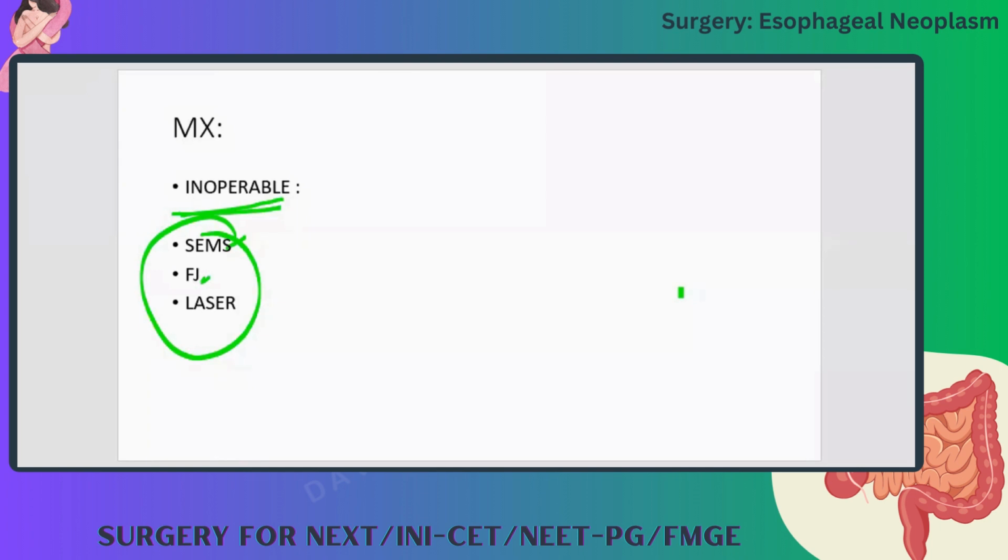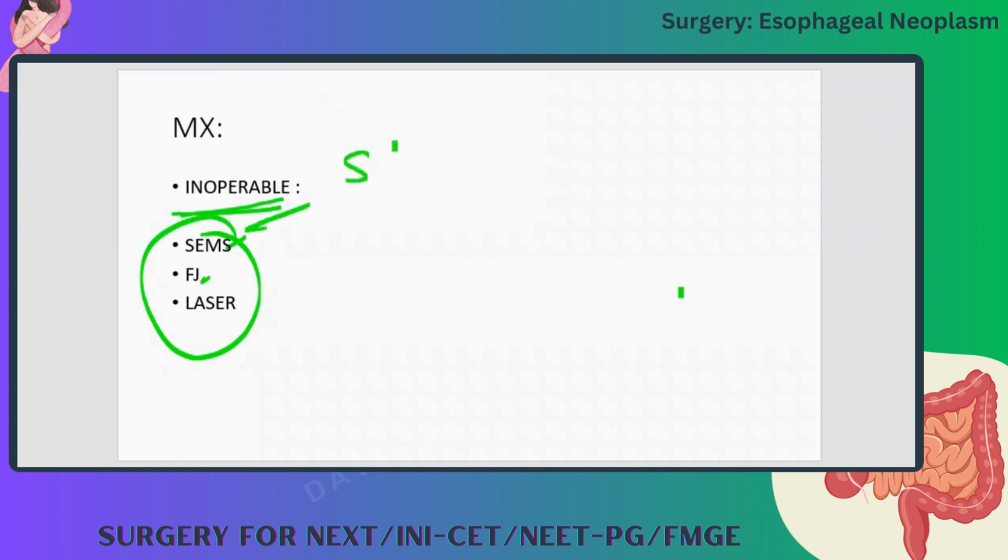Are you able to follow? Operable means which can be resected completely. Inoperable means it has spread, the lymph nodes have spread, or it has metastasis.